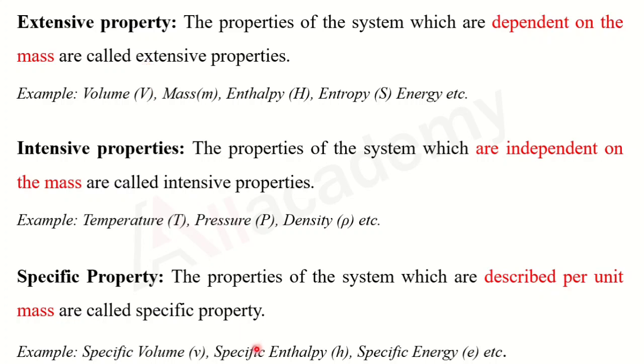You can see that volume, enthalpy, energy, if I divide them by mass, then these extensive properties will become specific properties. So the three types of thermodynamic properties are extensive property, intensive property, and specific property. This is all about the types, that is the classification, of thermodynamic properties.